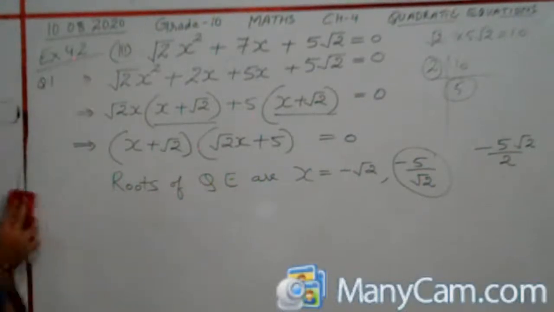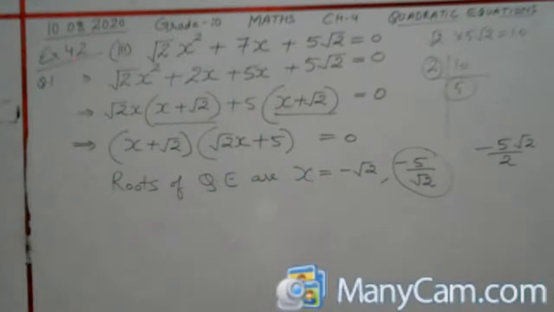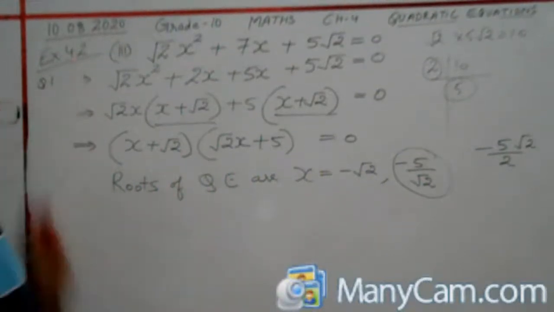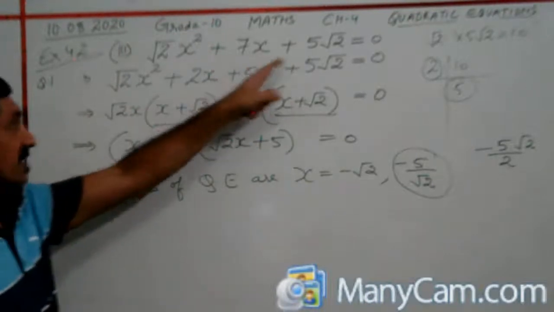I hope it is clear. You can provide me the feedback also. Vanshika, all done, thank you, Vanshika. Your feedback is very important. Let me discuss part 4 of question 1 here.